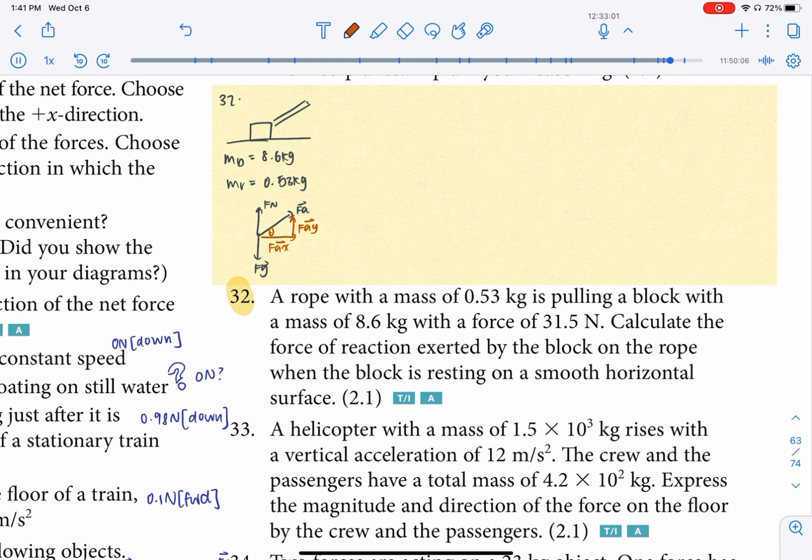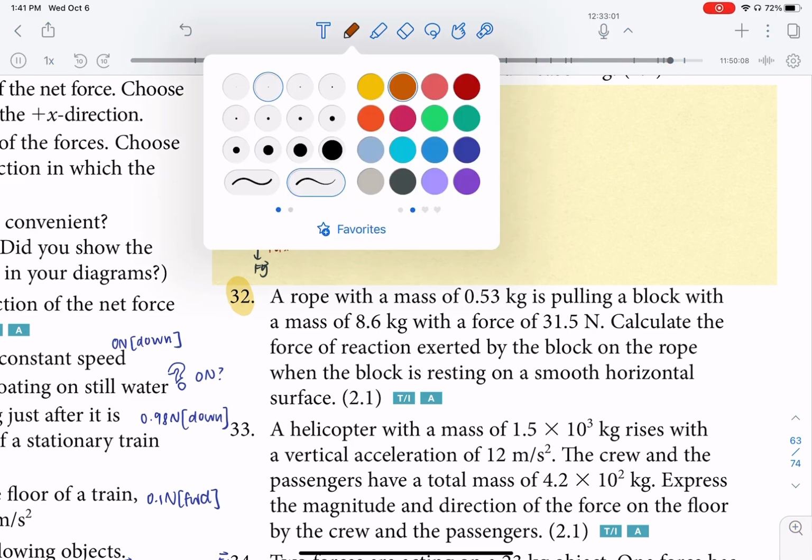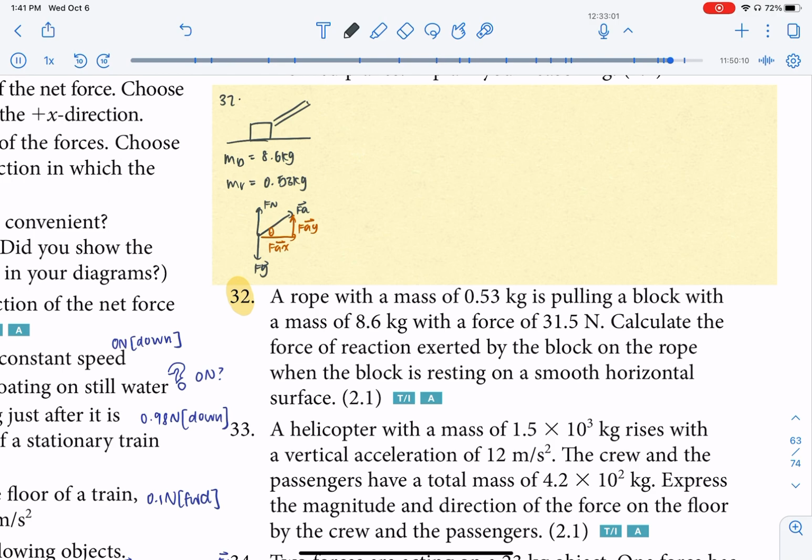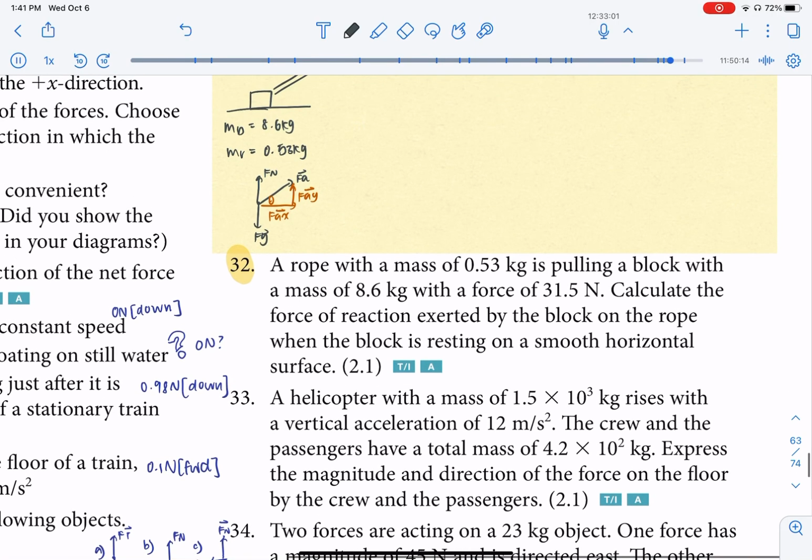The tension on the rope is 600 newtons. And the answer is false. Textbook says it's false. So if you're looking at the rope itself, it would have a net force of 0 on it because it's 300 left, 300 right. So that's what would make 600 newtons false.